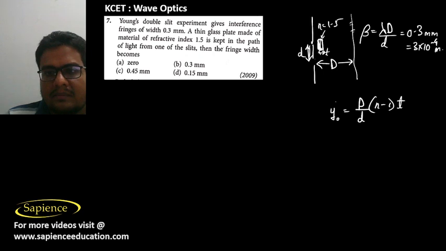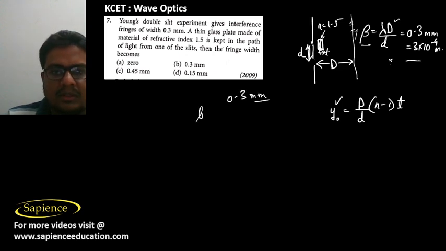So all the fringes will get shifted, but the fringe width will not change. The fringe width will remain unchanged, as 0.3 millimeter only. So option B is the correct answer.